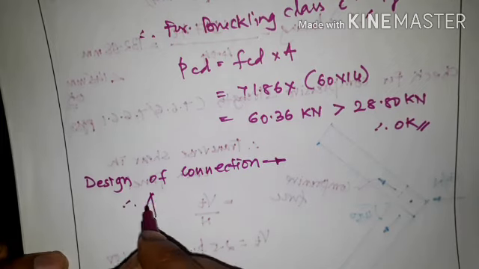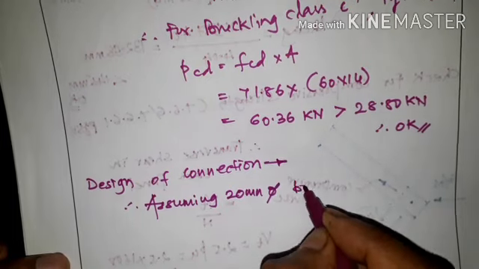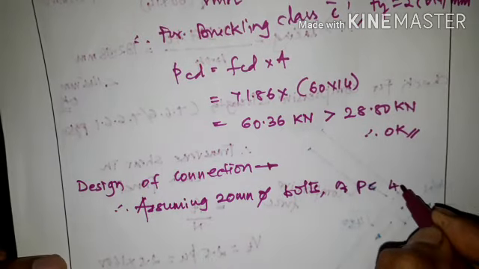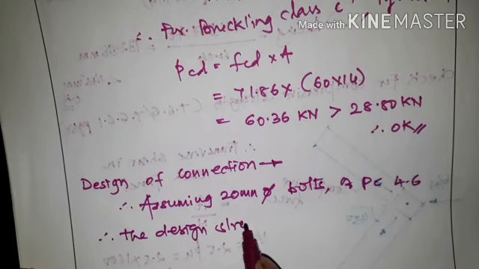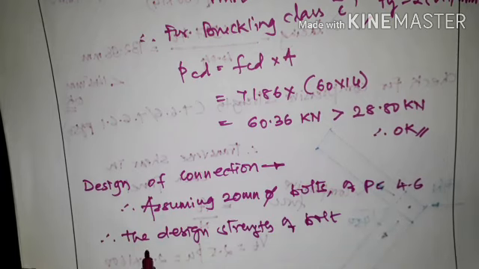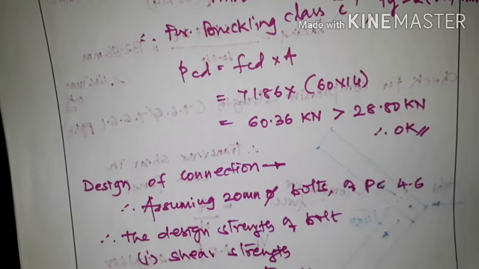So assuming 20 mm dia bolts of property class 4.6, here we have to find again the design strength of bolt, that is the least of shear strength and bearing strength.